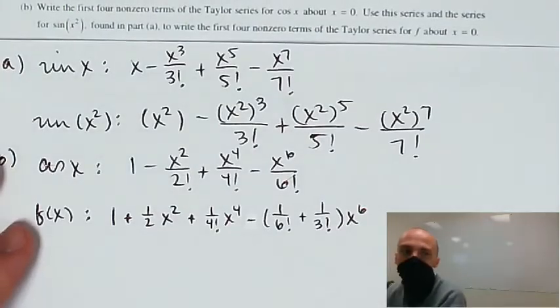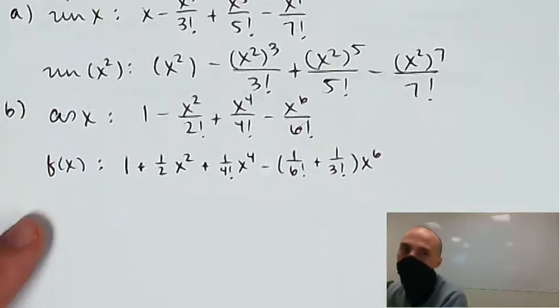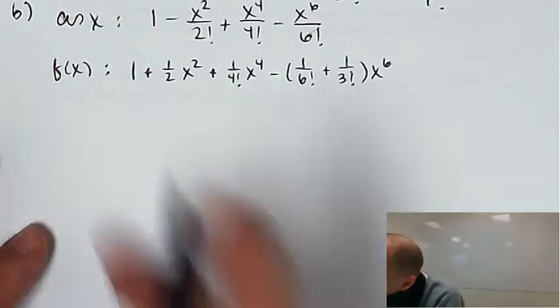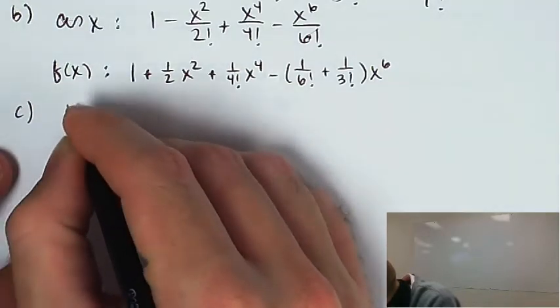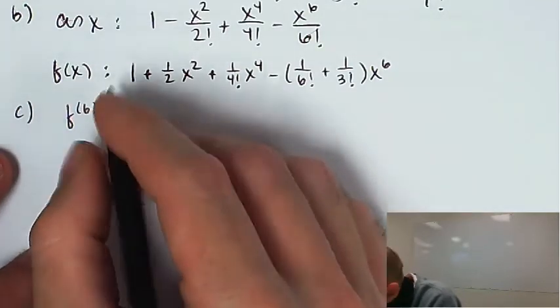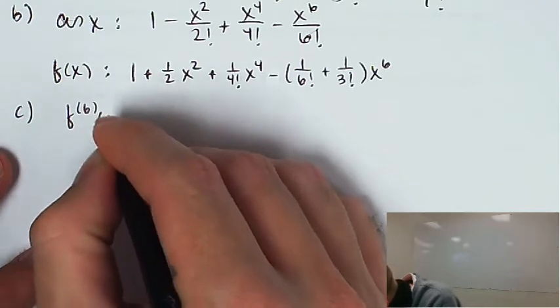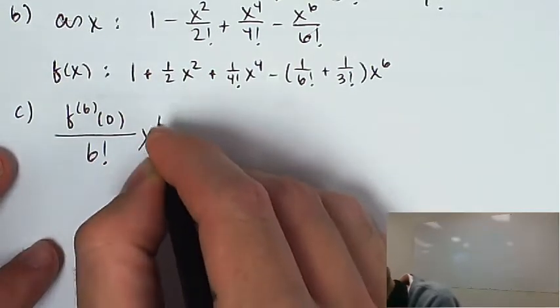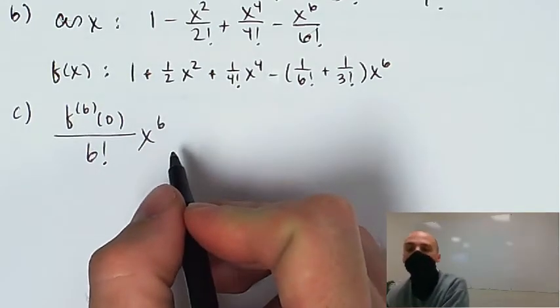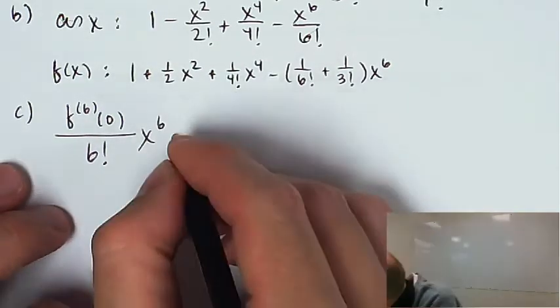Part C, I love this part. Find the value of f's sixth derivative at x equals 0. This is great. We know that the value of f's sixth derivative at x equals 0 divided by 6 factorial, times x to the 6th, is the x to the 6th term I'm seeing in the Taylor polynomial.